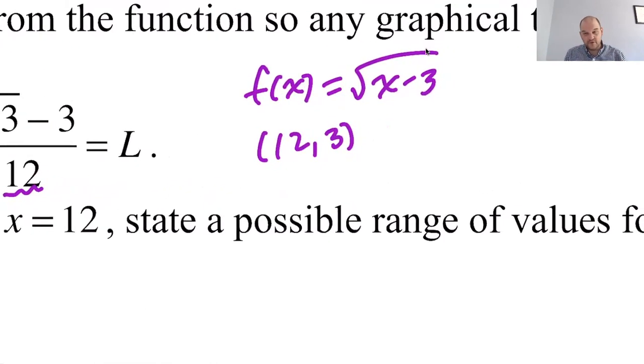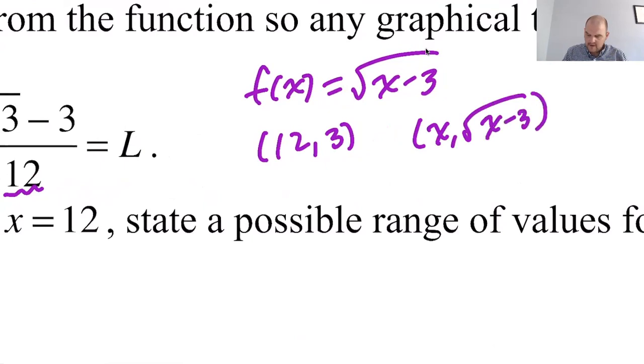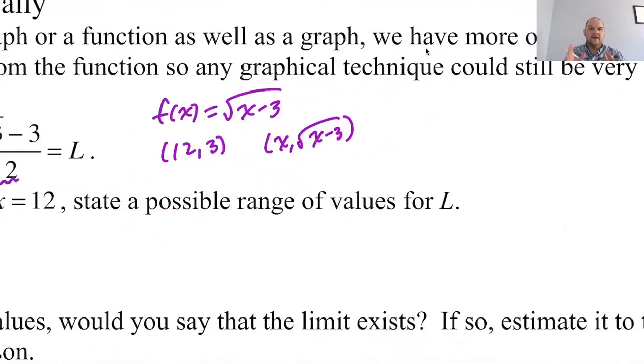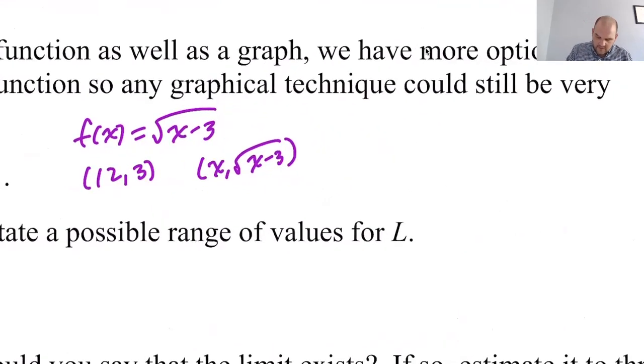Another really weird point is the point x comma square root of x minus 3. This is a really common thing to do, where you write a very generic ordered pair. Once I've done that, if I find the slope between those, it would be the change in y, which is radical x minus 3, over the change in x, which would be x minus 12.